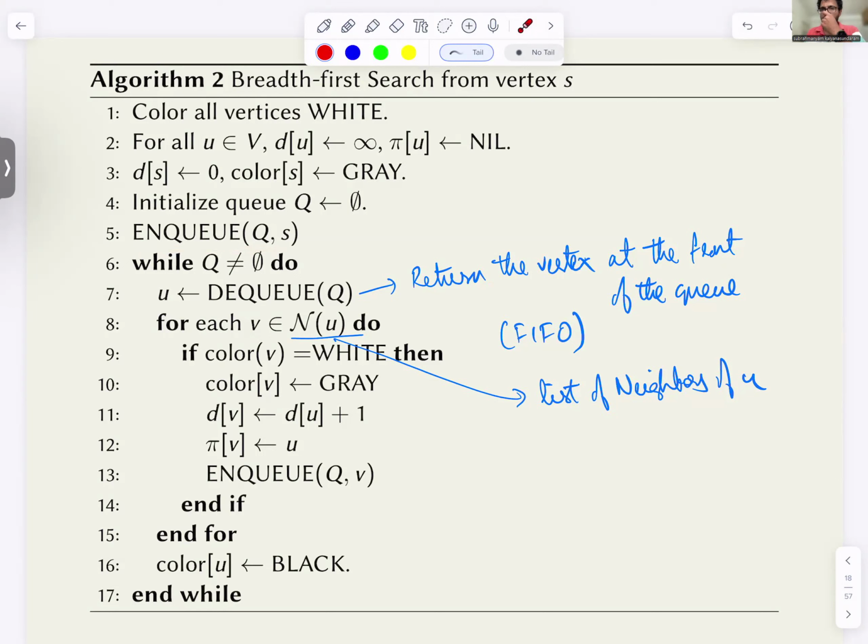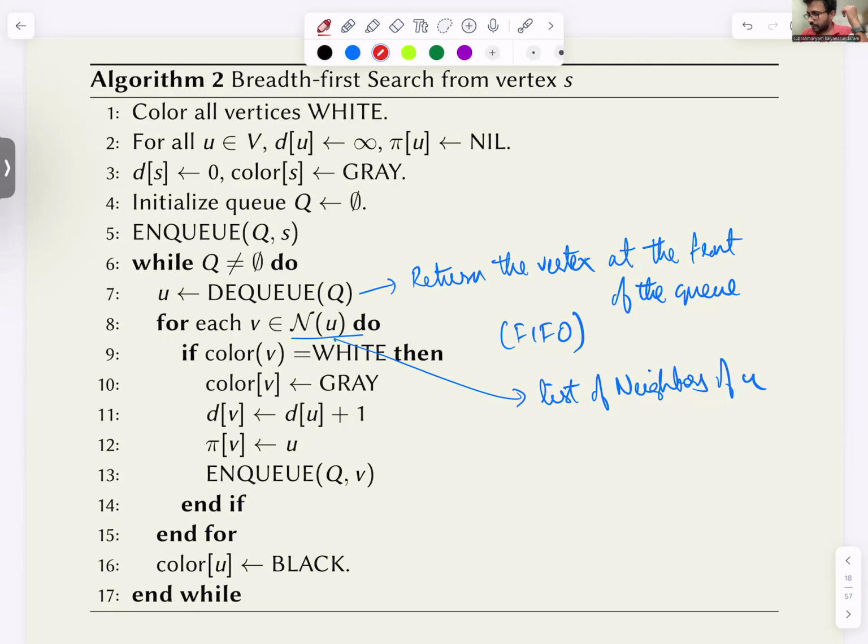V times. It is called V times because a vertex is enqueued only once. Initially S is enqueued, and you enqueue only vertices that are white, meaning once you enqueue it, they are never recolored as white. So enqueue happens at most V times.